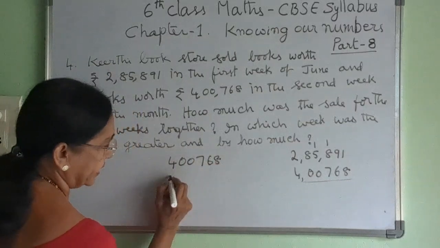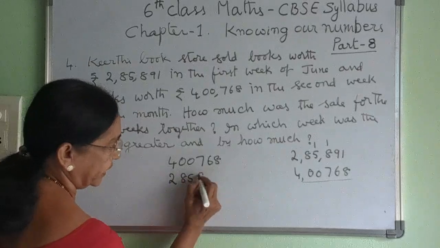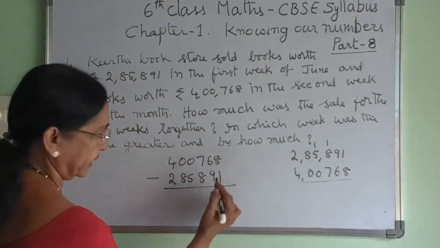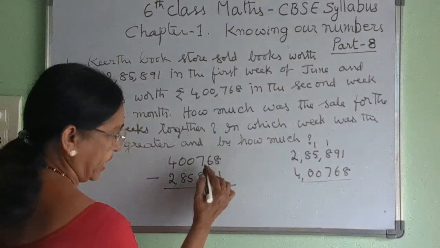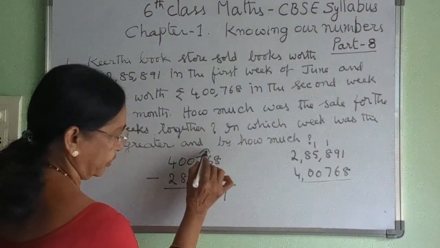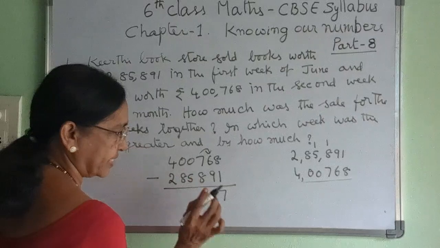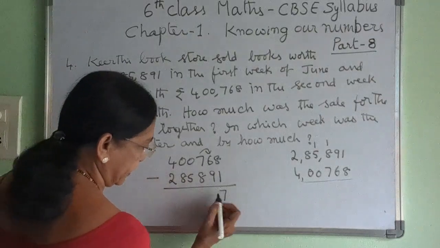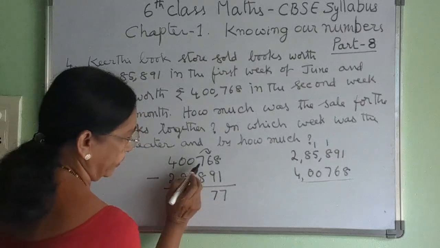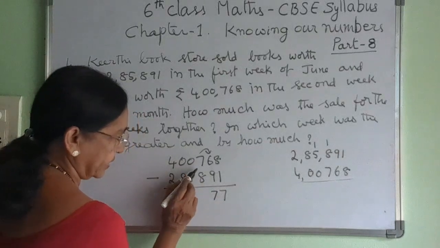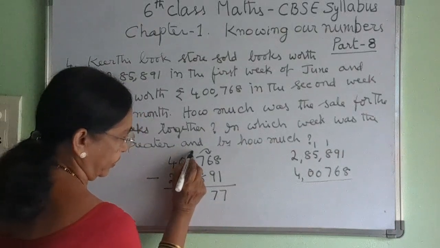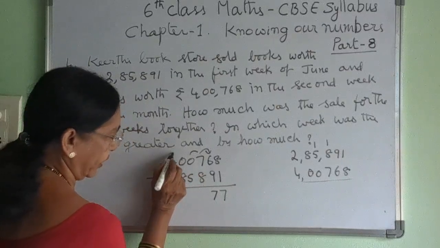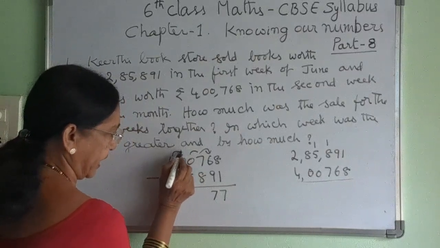4,00,768 minus 2,85,891. So subtracting: 8 minus 1, 7. 6 minus 9, you have to bring 1 from here, it gets 10, 10 plus 6, 16, 16 minus 9, 7. Here 6 remains, so we have to get 1, here there is no 1, so we have to get 1 to this place, it becomes 10.